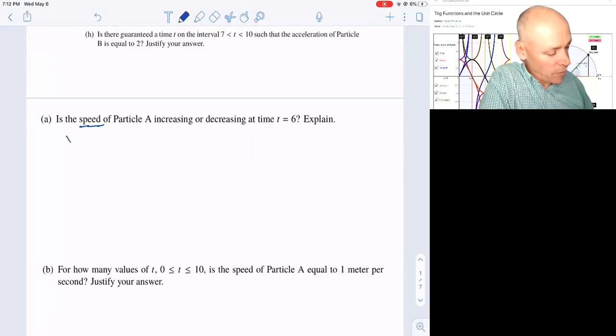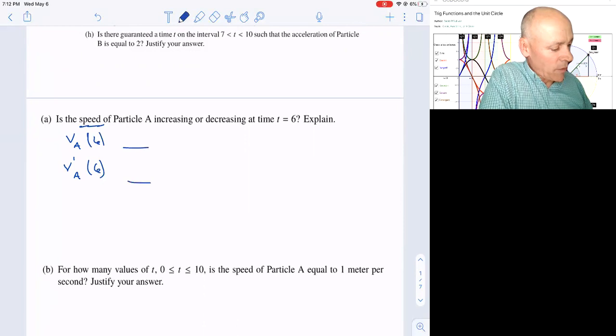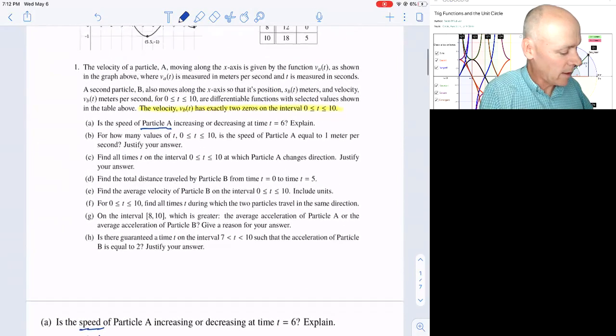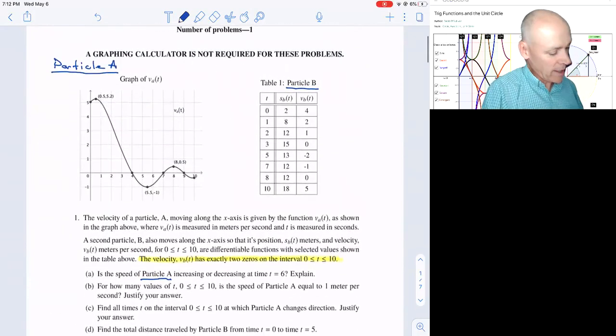So I'm really looking for VA at 6, and then also the derivative of velocity, or acceleration, V prime A at 6. What I want to know is the signs of those two values. If the signs are the same, the speed is increasing. If the signs are different, the speed is decreasing. Again, this is for particle A.